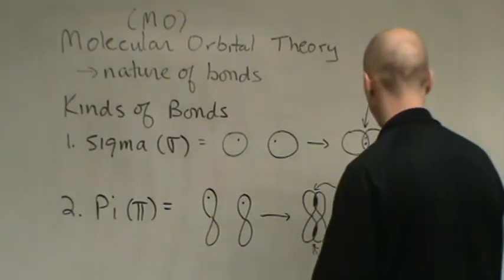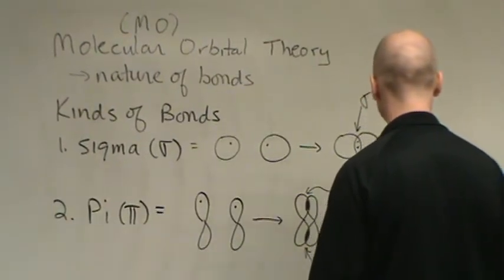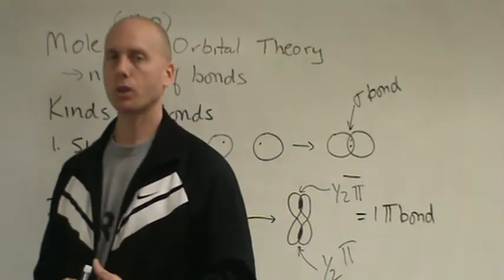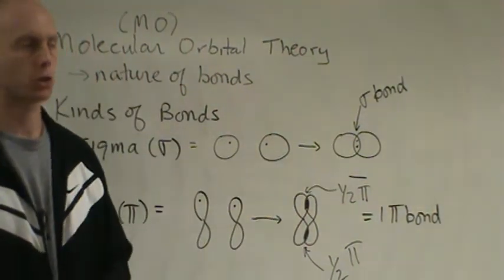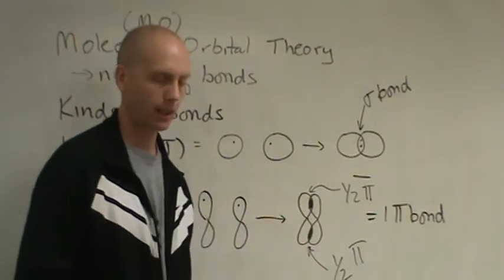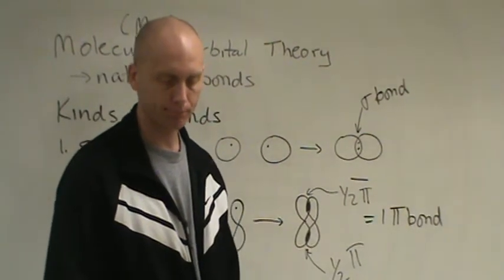So this is one pi bond. Keep that in mind as we get into molecular orbital theory of what a pi bond is.